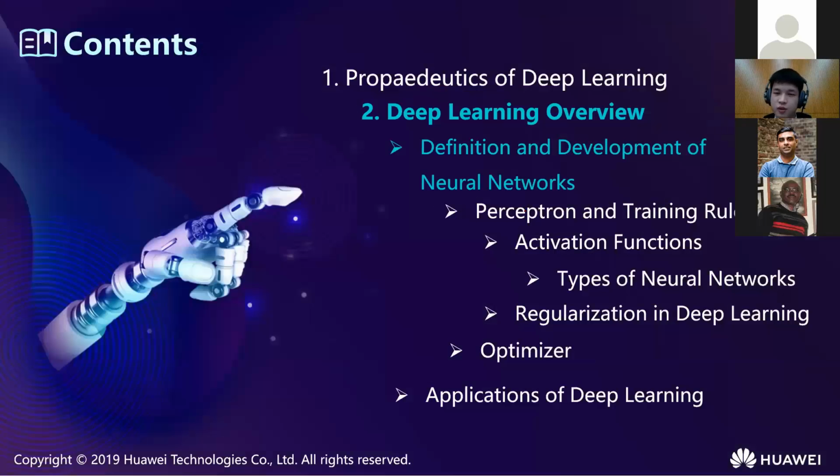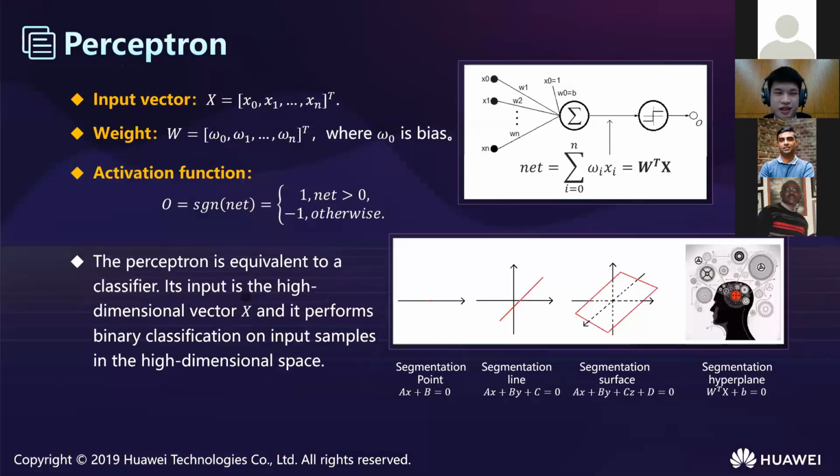Okay, so let's continue. Now, finally, we will talk about neural networks. Before talking about neural networks, we need to talk about the perceptron. The perceptron is just like this. The X here means the features of the data sets, and the W here means the weights, the parameters of the model.